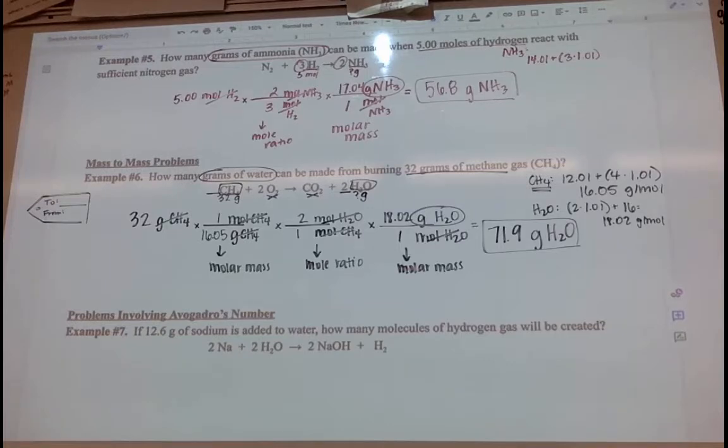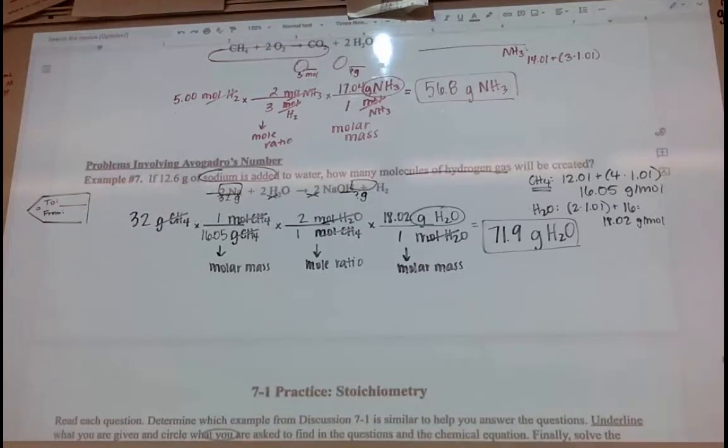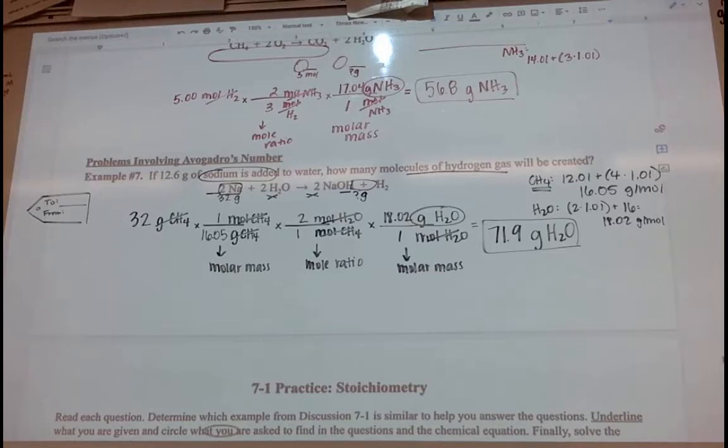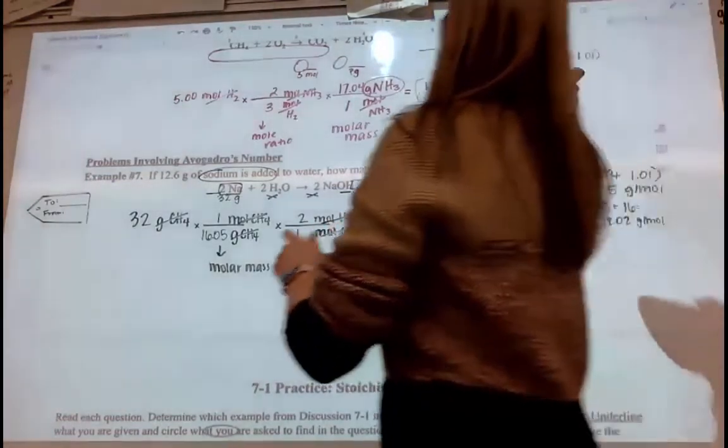is example 7. If you read example 7, if 12.6 grams of sodium is added to water, how many molecules of hydrogen gas will be created? So if we read through this again, we're going to do the same thing that we've done before.